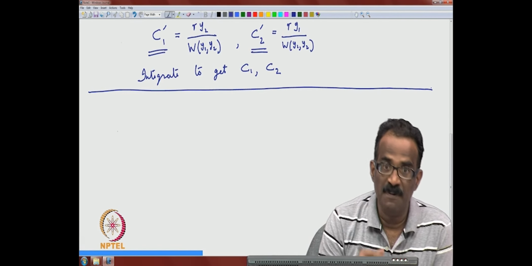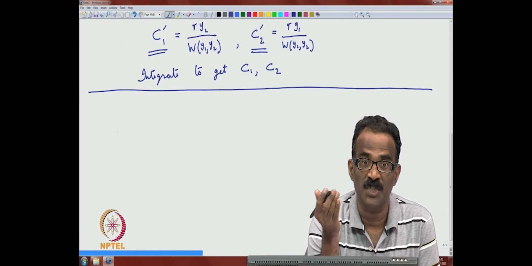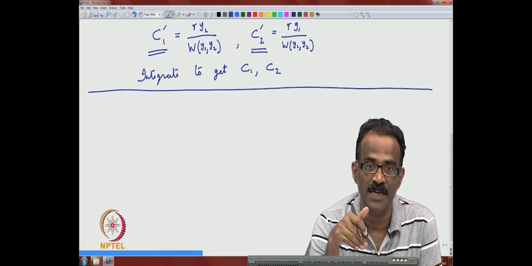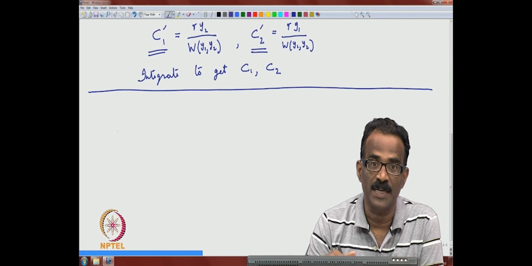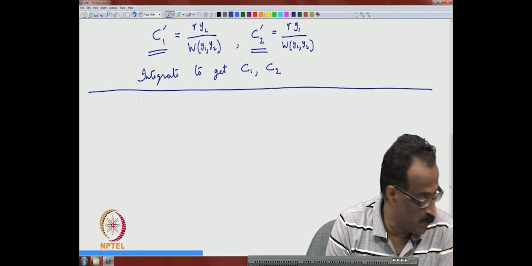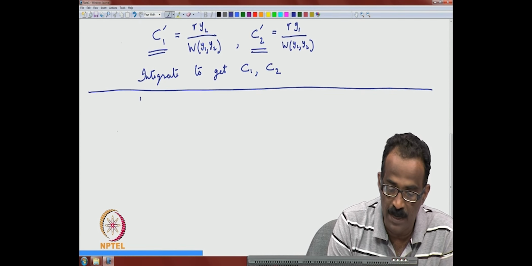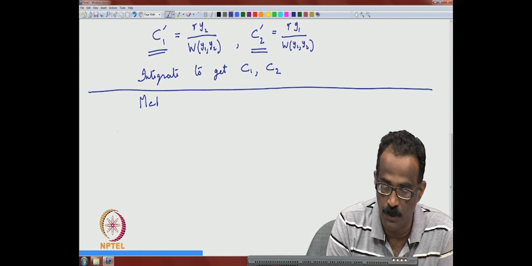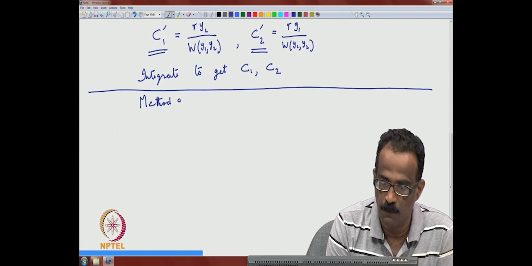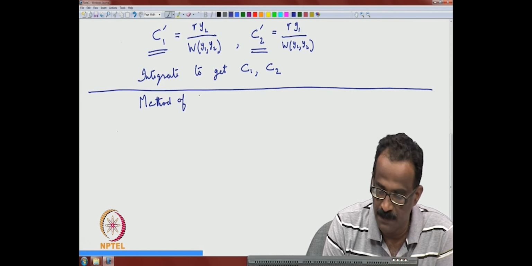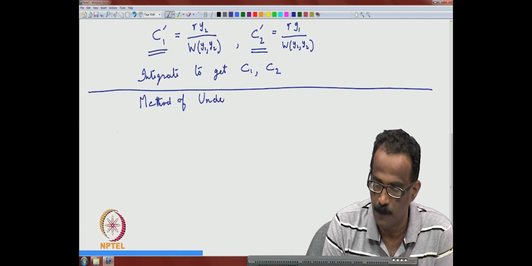But when the equation has constant coefficients with a certain right hand side, we can write down the solution in a neat way. This is another method, the method of undetermined coefficients. We introduced that also.